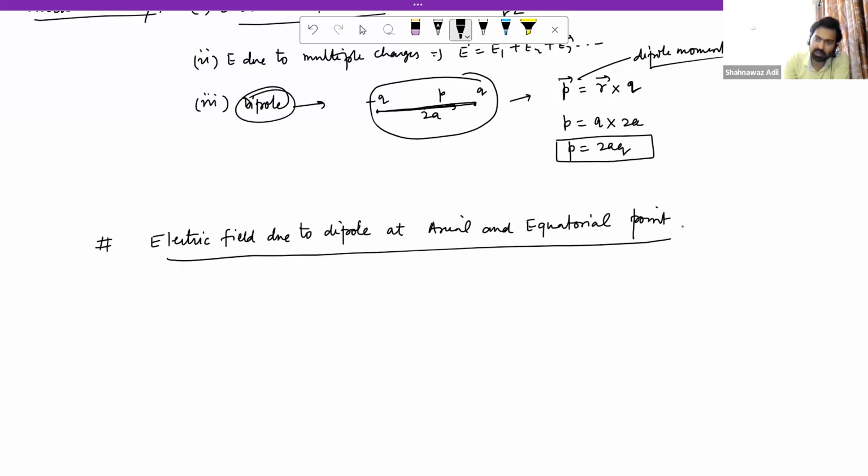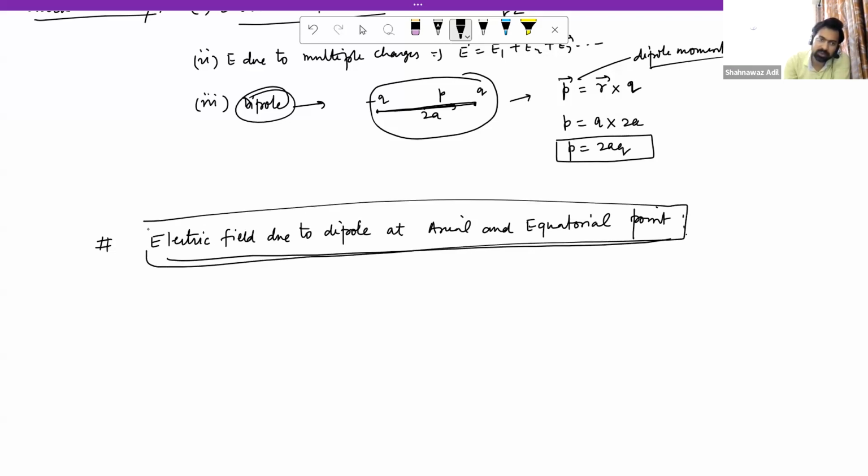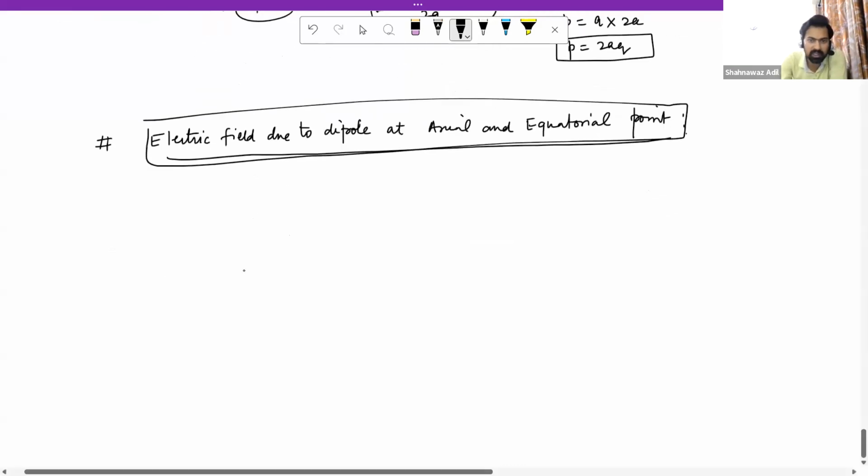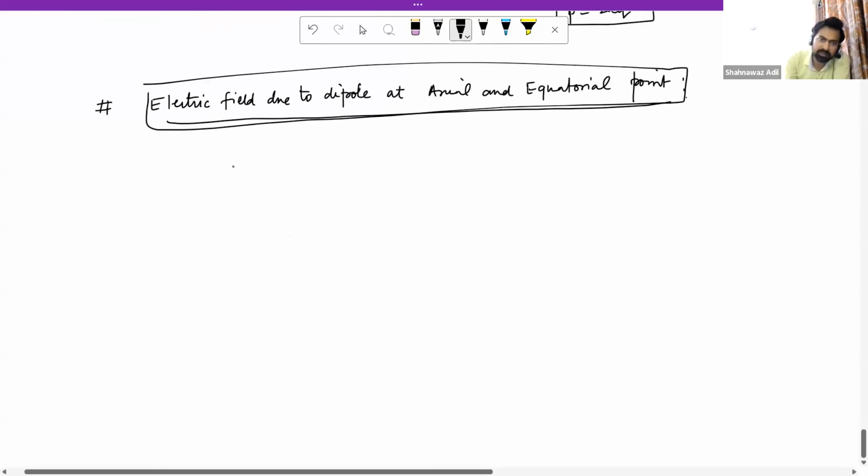These are the two things we discussed. To summarize again, what did we discuss for the axial point, and what did we discuss for the equatorial point?